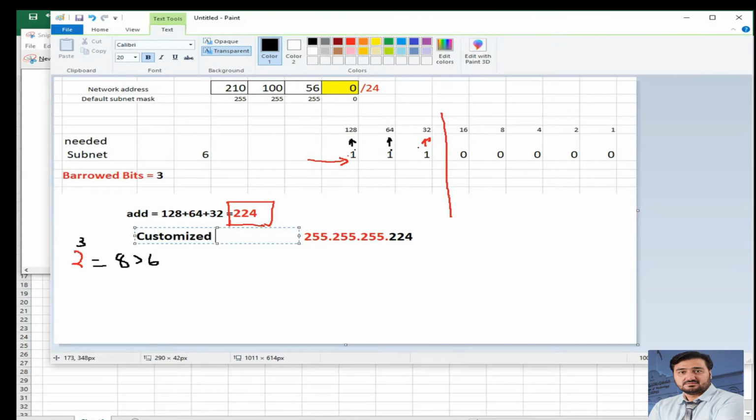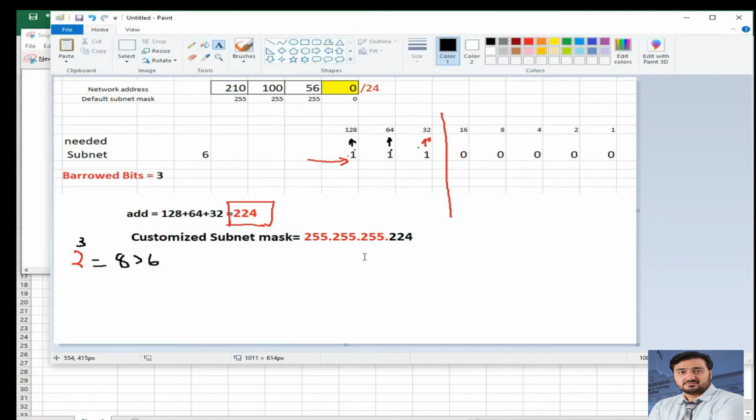This is our default subnet mask, as I told you, and this one is our customized subnet mask.